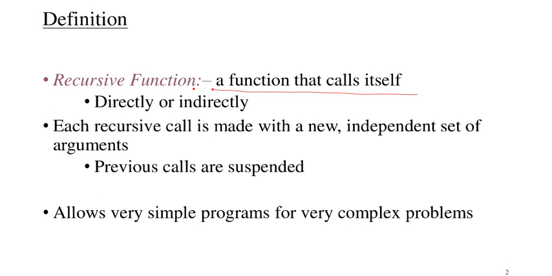I repeat again. In the regular implementation of a function, we have two types of functions. One is the calling function, and the second one is the called function. So let me make it a little bit simple. Suppose I am going to call my friend Prasad over a telephone, hi Prasad.